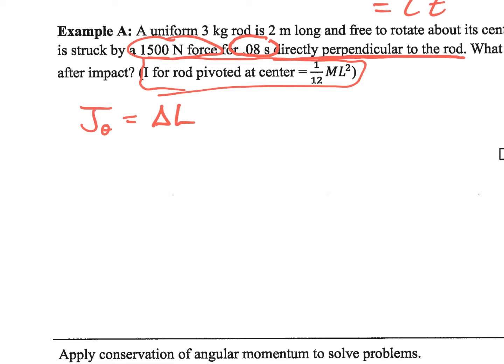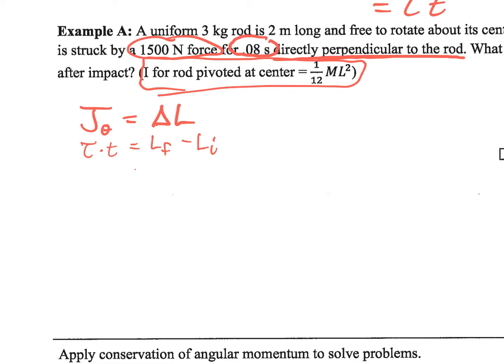This is equal to torque times time. You know why I know I needed torque and time? That force, right? And it gave me a time. Anytime I think impulse, I have to think, okay, what short time? That's equal to the change in angular momentum. Well, change in angular momentum is going to be L final minus L initial, isn't it?